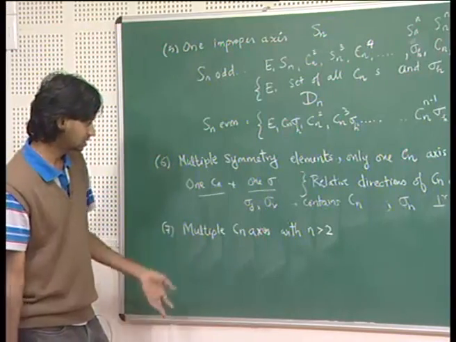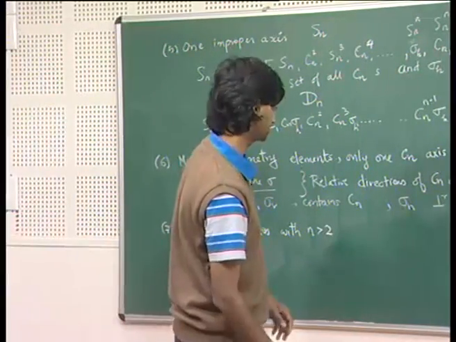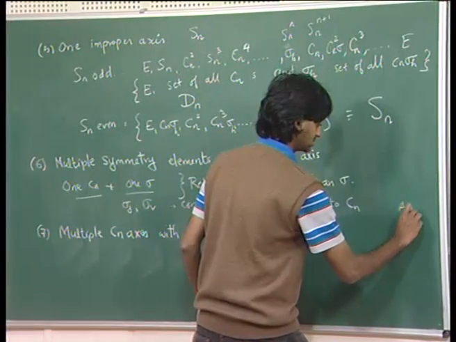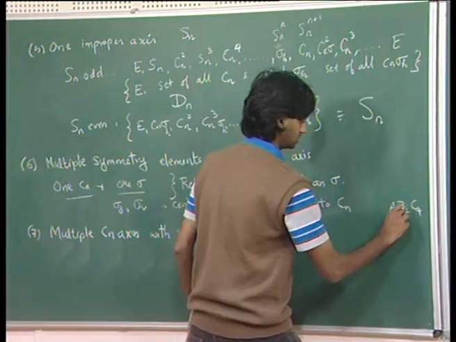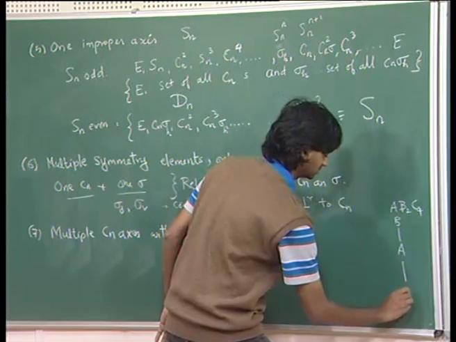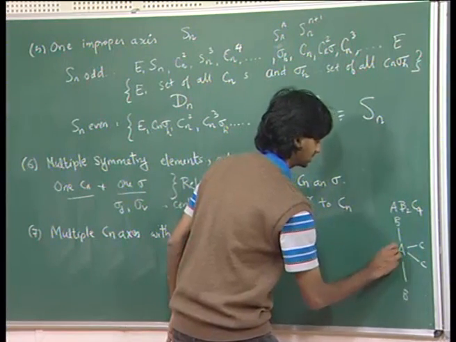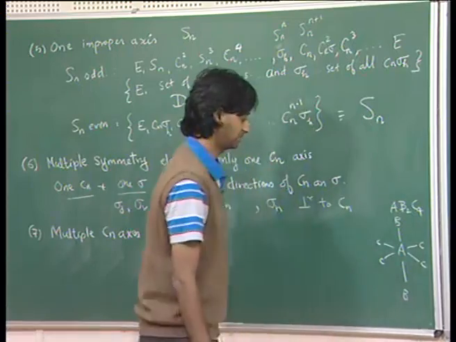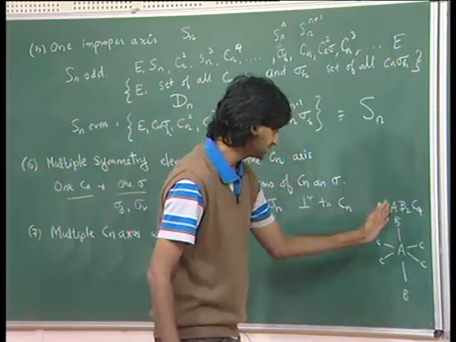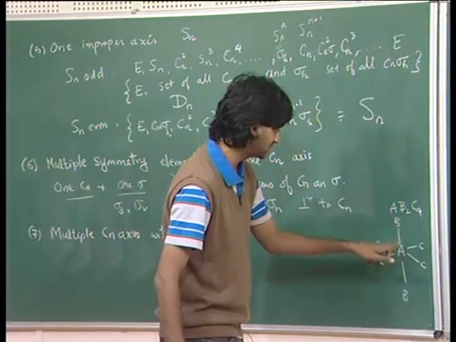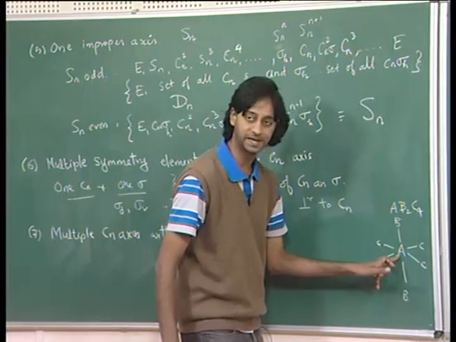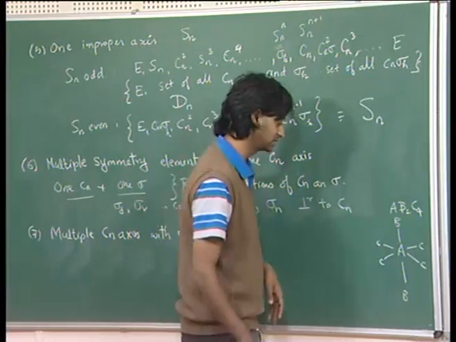A good example is, suppose you consider AB2C4, such that you have A, B, B, and the four C. So it is octahedral, this is square planar. Now I can consider sigma_v planes that contain the two B's and the A, but they are oriented at various angles.